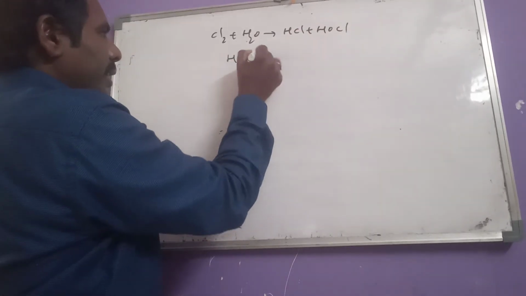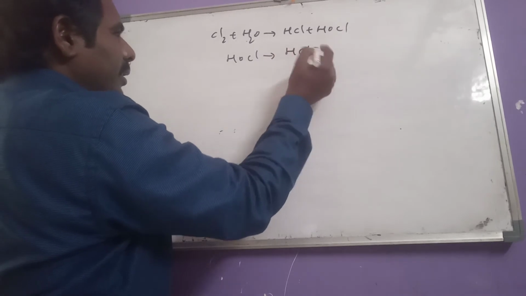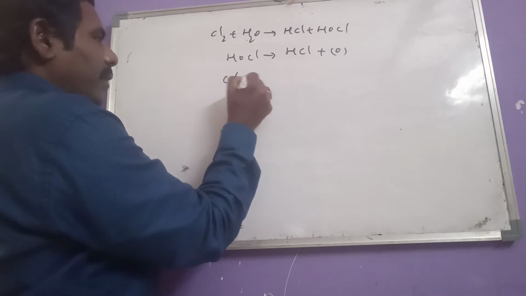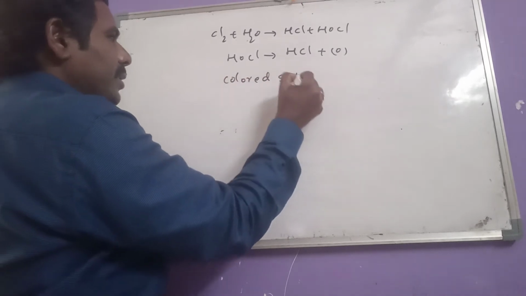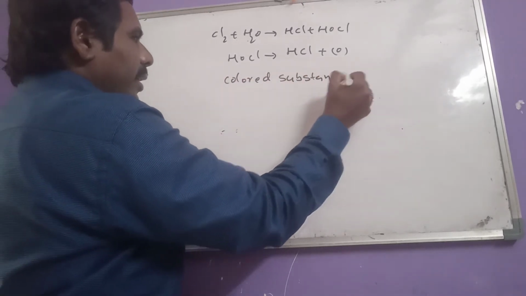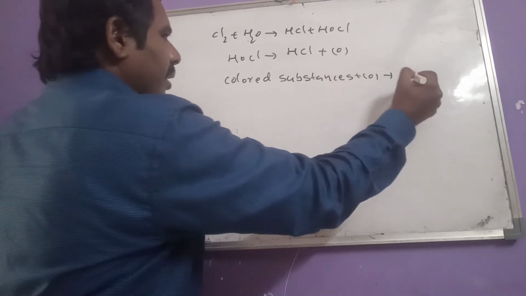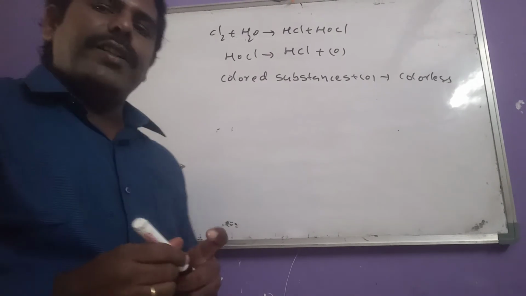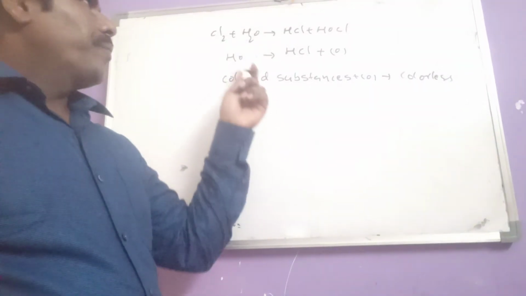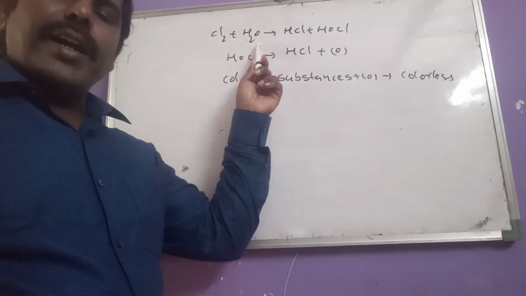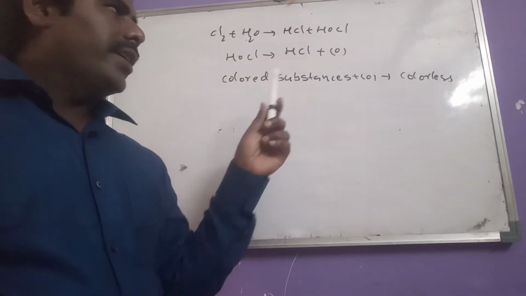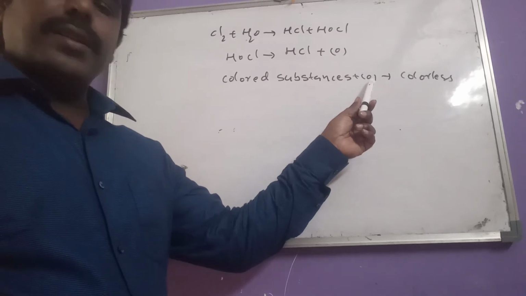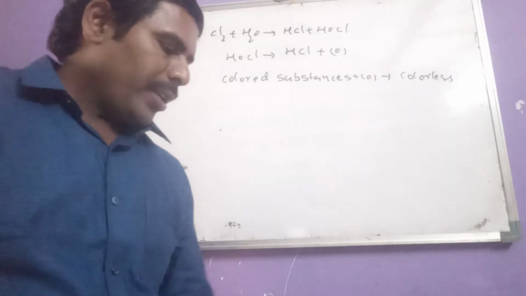This HOCl dissociates to give nascent oxygen, and when colored substances are treated with this nascent oxygen, they become colorless. So this action is called bleaching action. Chlorine in the presence of moisture or water acts as a bleaching agent by its oxidation property.